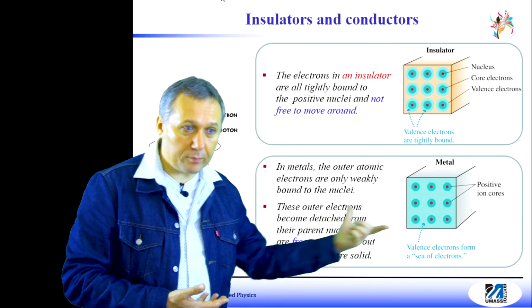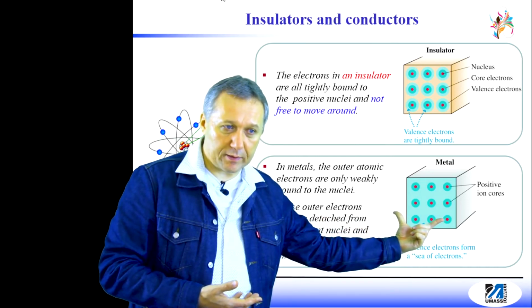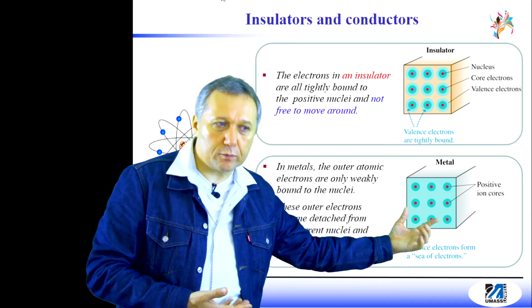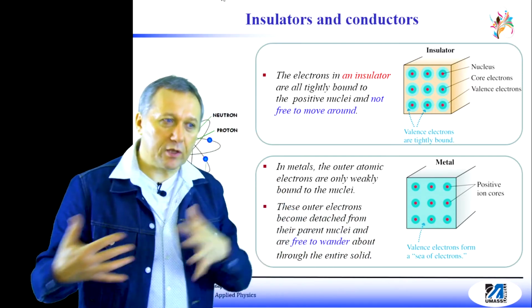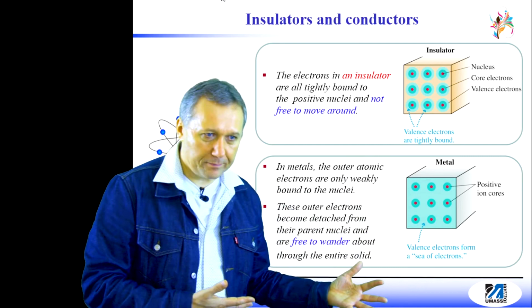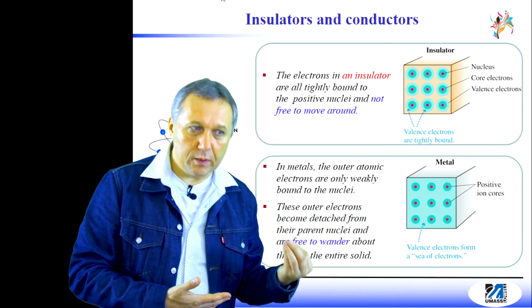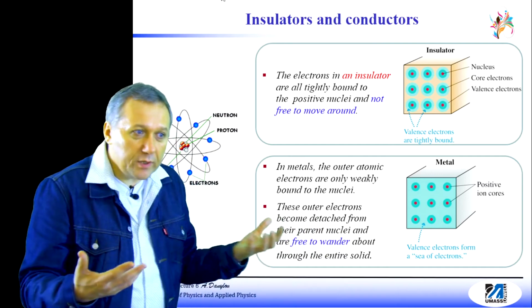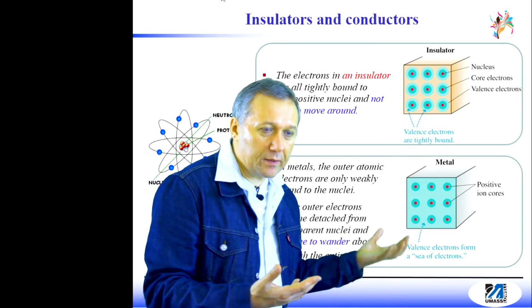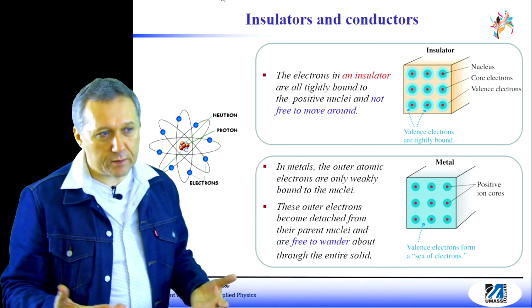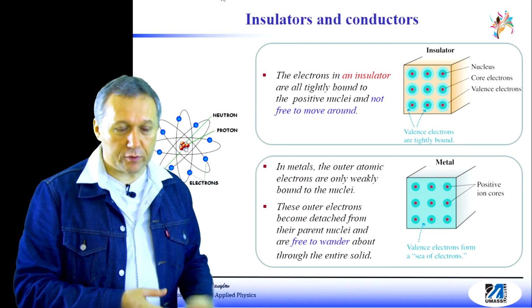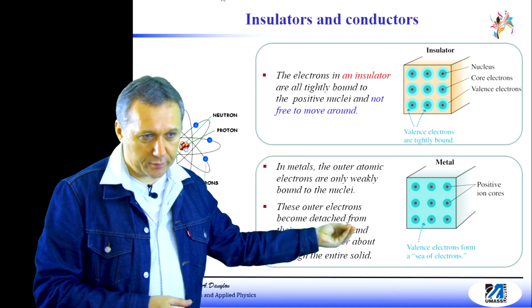And as a result, if you apply potential difference across a piece of a conductor, of course, those free electrons will respond immediately, and they will start drifting in a certain direction, giving us what we call current. So that's why it's so easy to create current in metals. And of course, we use metals in our circuits, right? Because we can create current because of those free electrons.